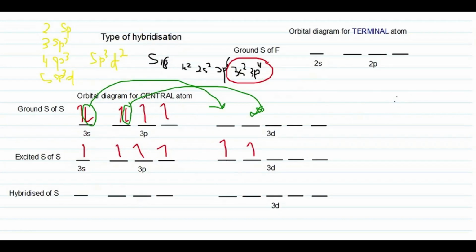But 3s, 3p, and 3d are in different energy states. They don't have degenerate orbital energy. So we're going to hybridize them together, grouping them into a much more stable state which is consistent with its molecular shape. So we're going to produce a hybrid orbital.